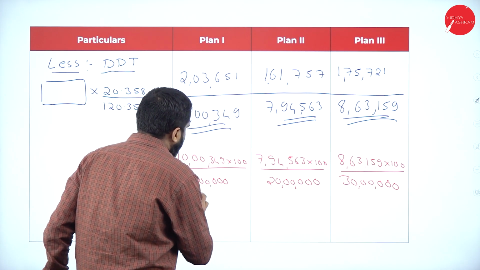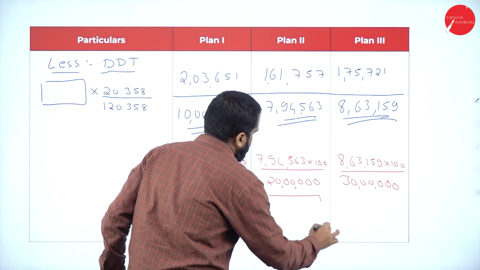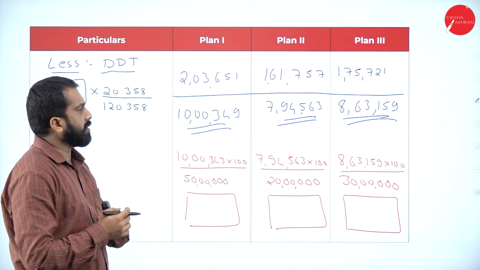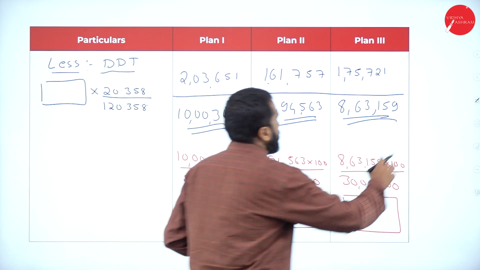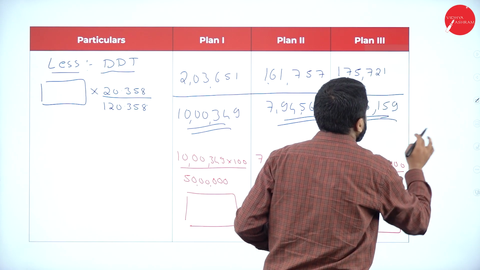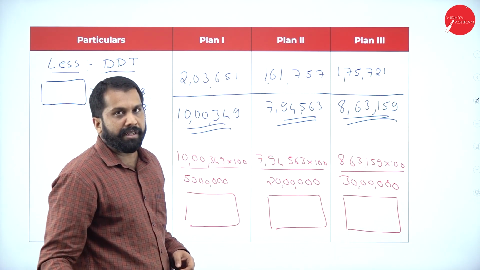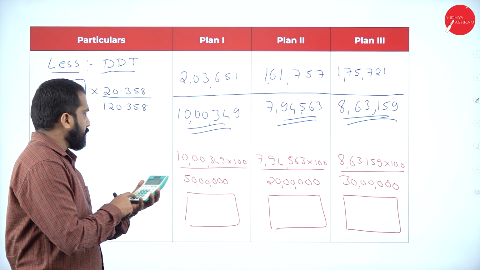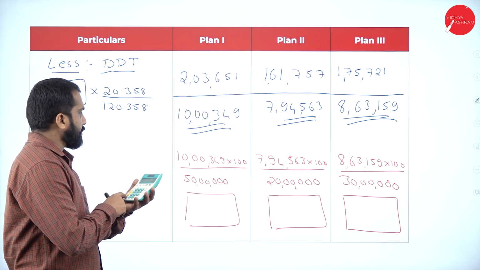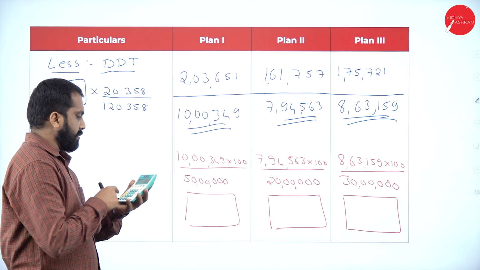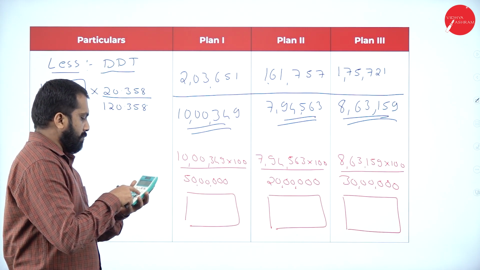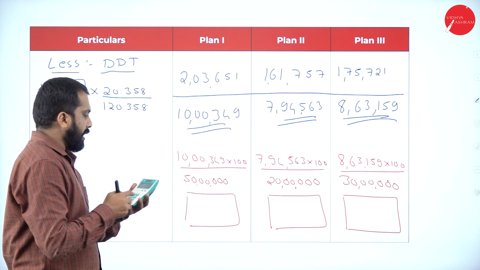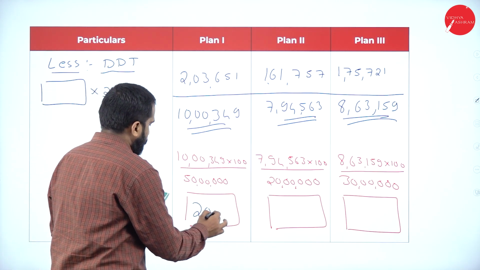Now, what is your answer? If you calculate this, we'll get to know your final answer. 10,00,349 multiplied with 100 whole divided by 50 lakh. I got 20%.